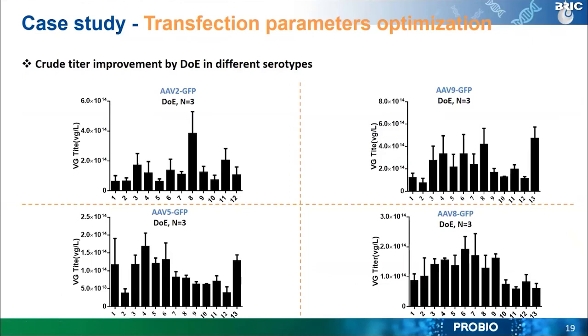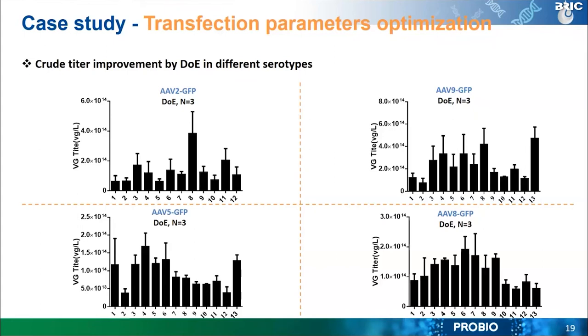Since the transfection reagent was positively charged, the plasmid can break through the electrostatic barrier of the cell membrane and enter the cells. AAV packaging elements were synthesized in cells and assembled into complete virus particles.